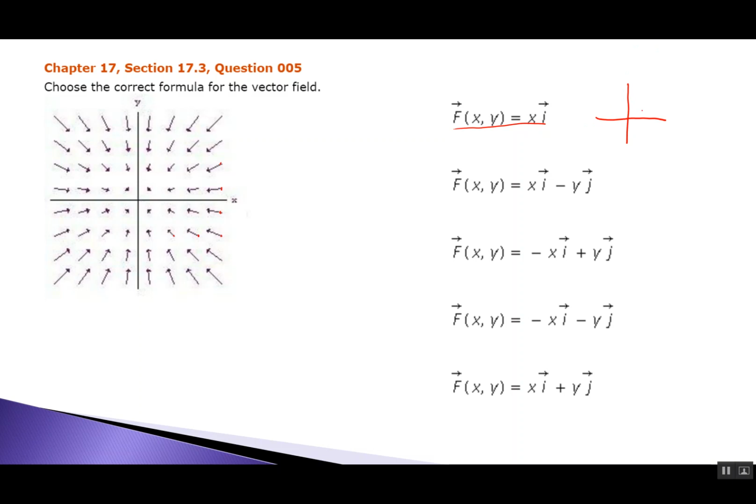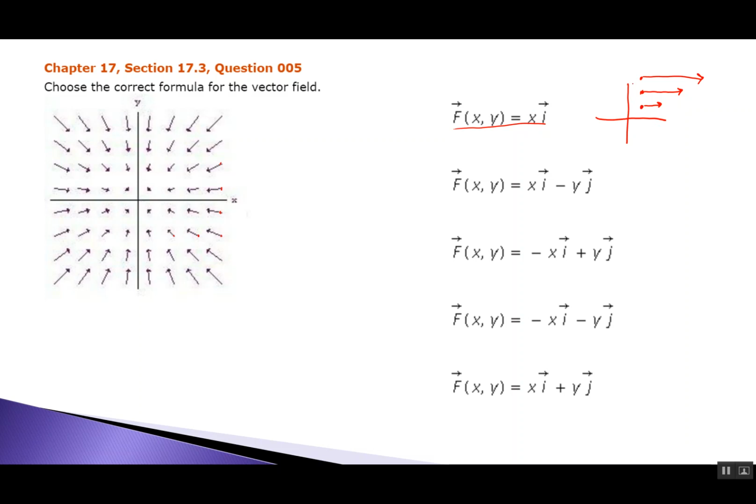At any given point, if I'm at the point 1, 1, for example, that vector would be the vector 1, 0. So that's 1 unit long, and it doesn't have a y component. If I'm at the point 2, 0, the output would be 2i. If I'm at the point 3, 1, that vector would be 3i. That doesn't look like this, does it?